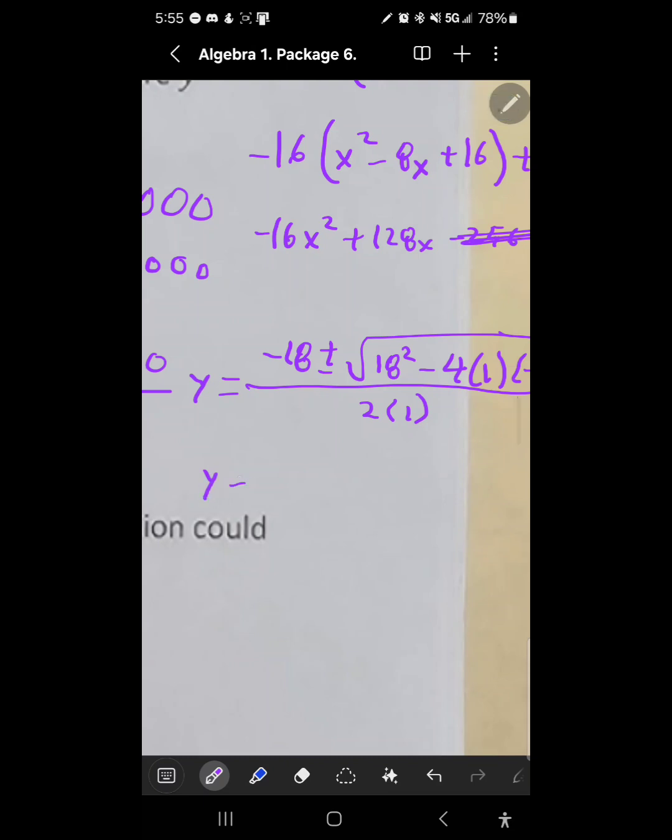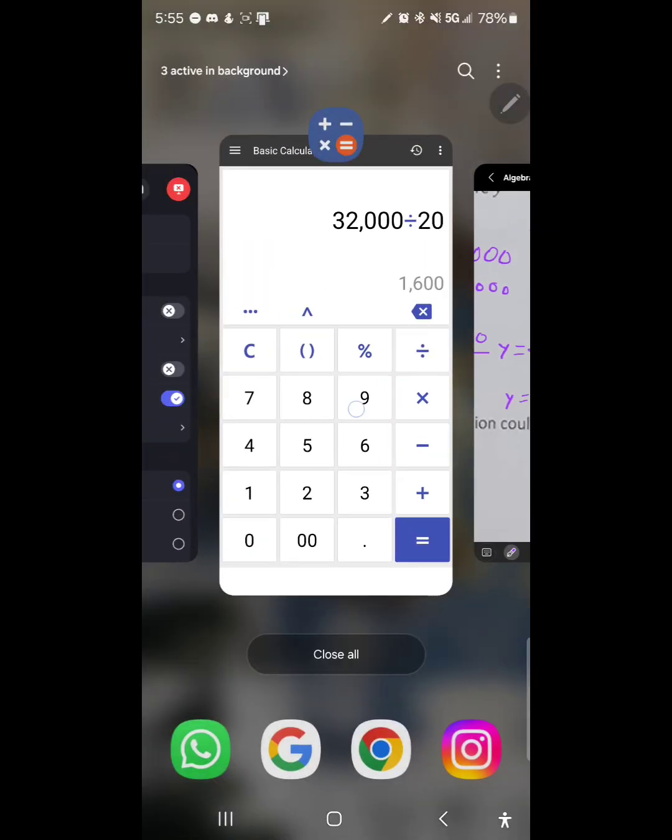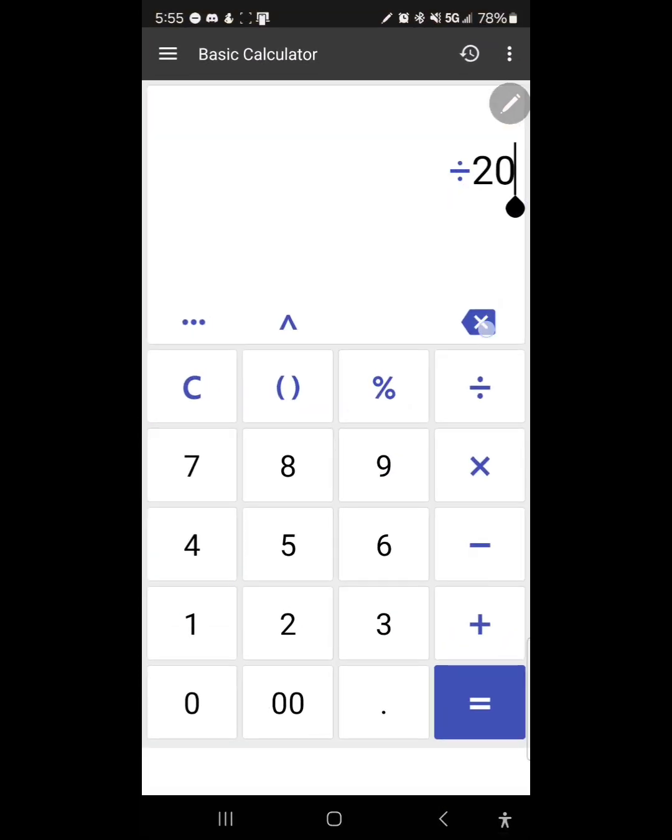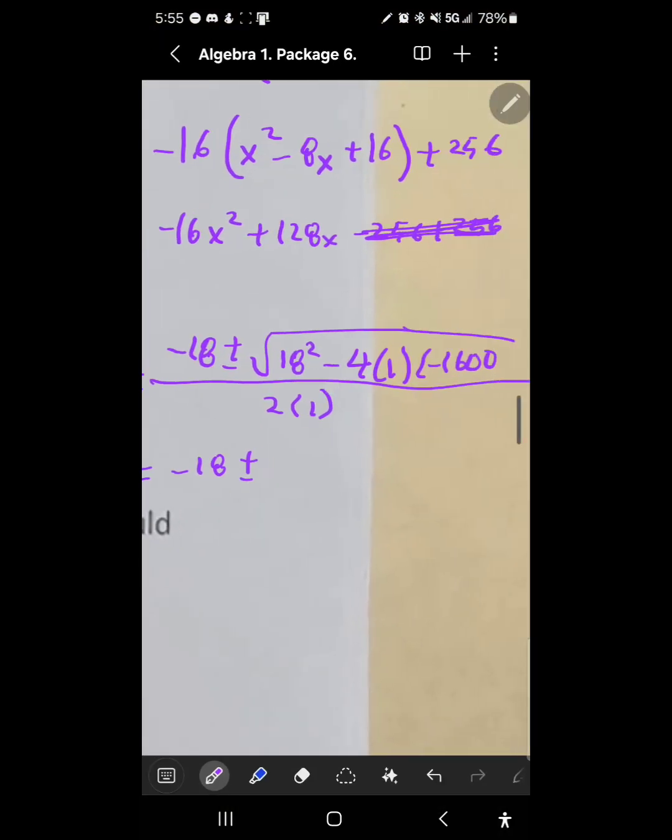So y will be equal to negative 18 plus or minus the square root of 18 squared, which is 324. For negative 4 times negative 1,600, that is positive 6,400.